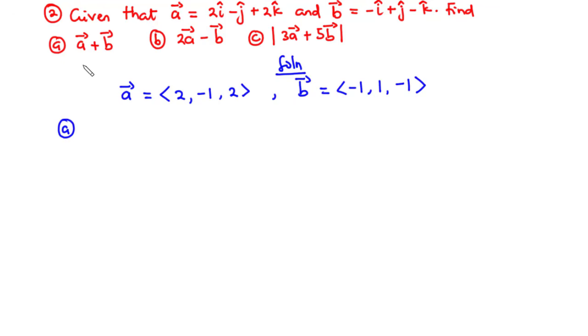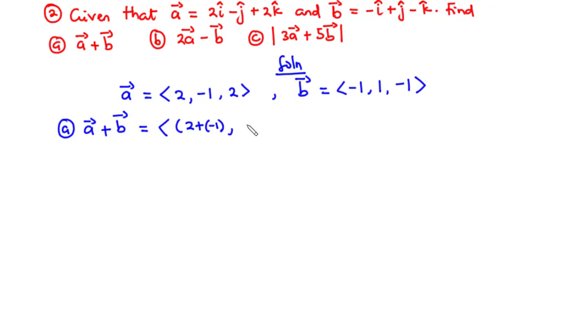Now let's find the sum of the two vectors A and B. So we have vector A plus vector B. So basically we are going to sum the corresponding components. So we are going to add 2 and negative 1, and then negative 1 and 1, and then 2 and negative 1. So we have 2 plus negative 1 for the x value.